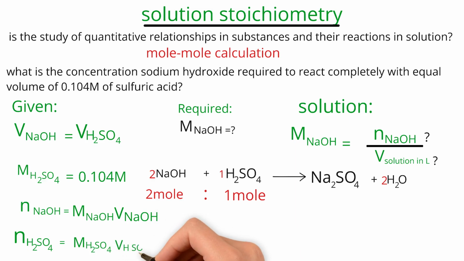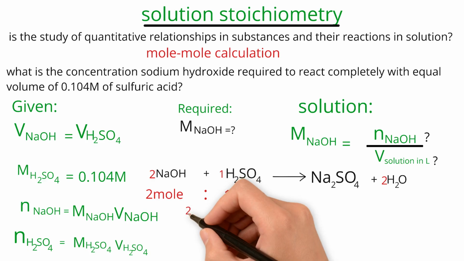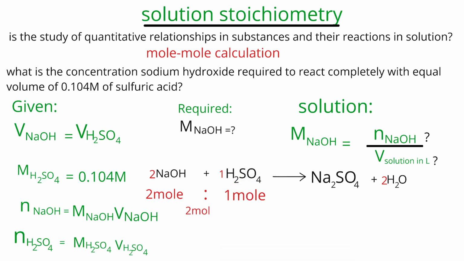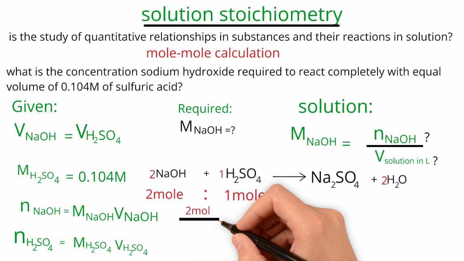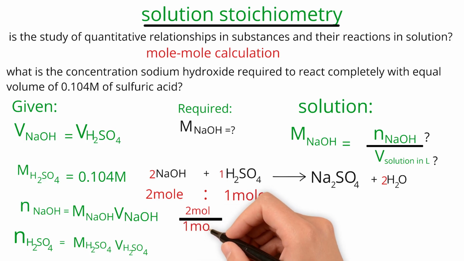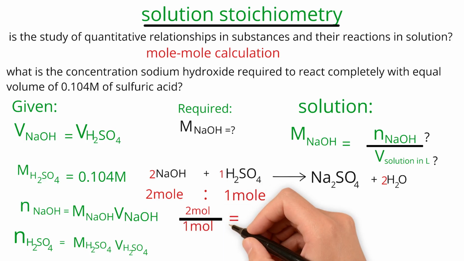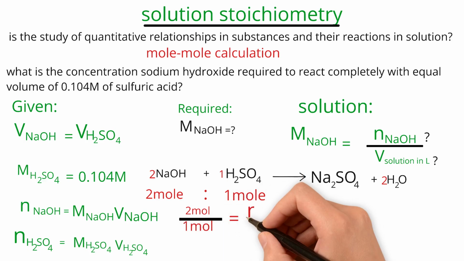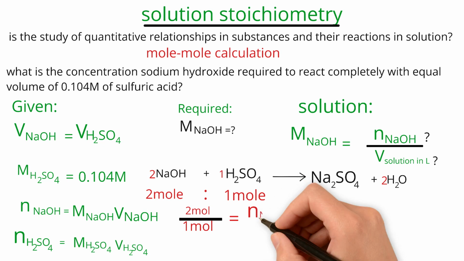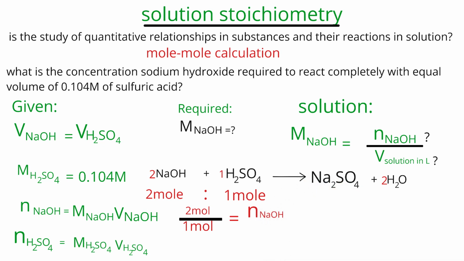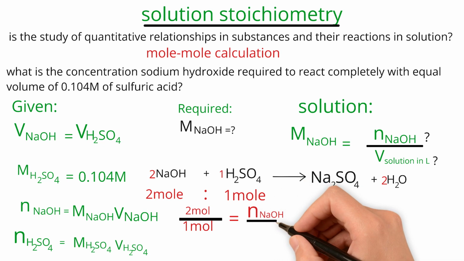Now let us take the ratio of moles of sodium hydroxide to sulfuric acid. 2 moles over 1 mole: 2 moles of sodium hydroxide over 1 mole of sulfuric acid is equal to mole of sodium hydroxide over mole of sulfuric acid.